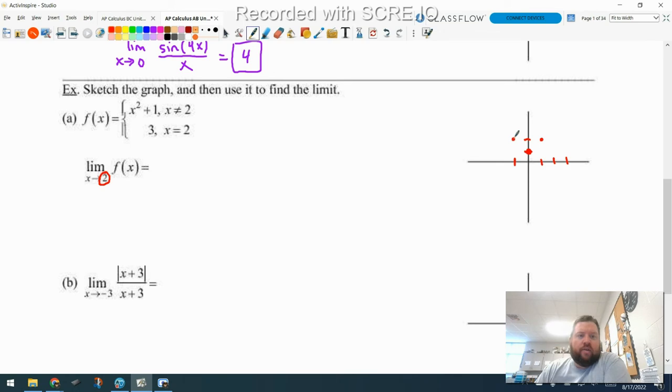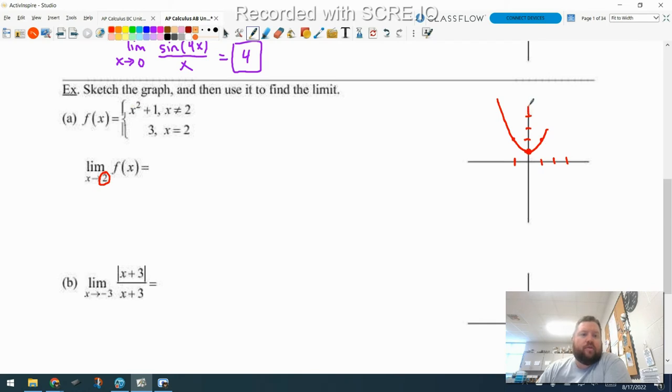All right, it's a parabola, so you might even have known what this looked like already. It's the parent function shifted up 1 unit. So it's going to look like this and like this, but then something happens at 2. That's where, if x is not allowed to be 2, our open circle is going to be. If I were to plug in 2, 2 squared is 4, plus 1 is 5.